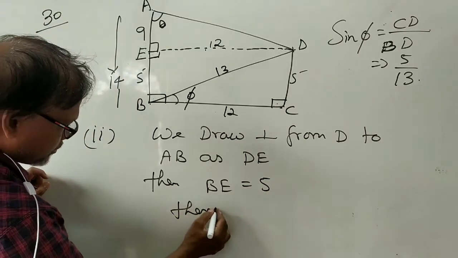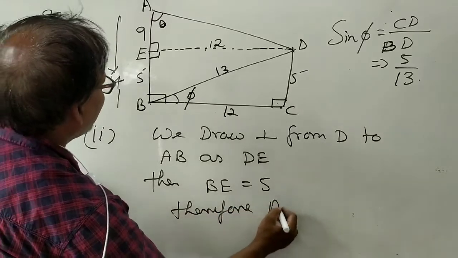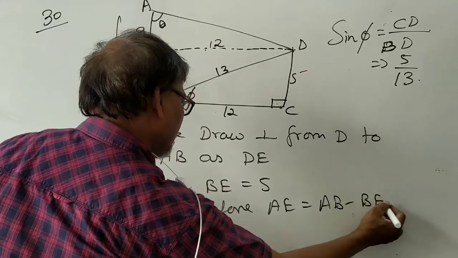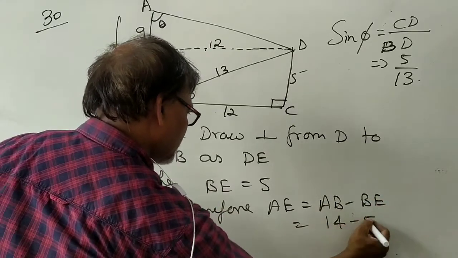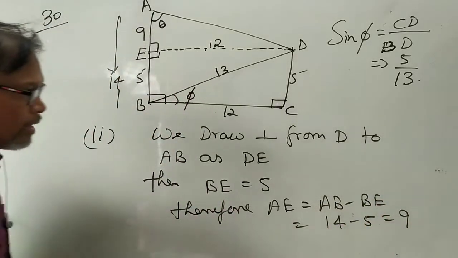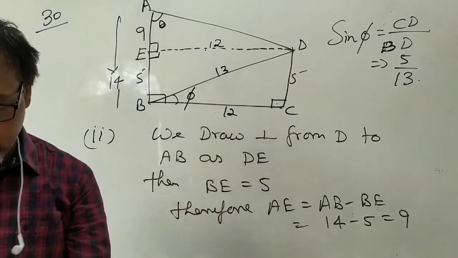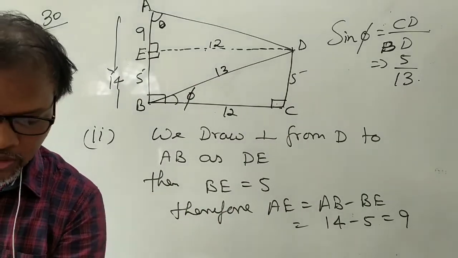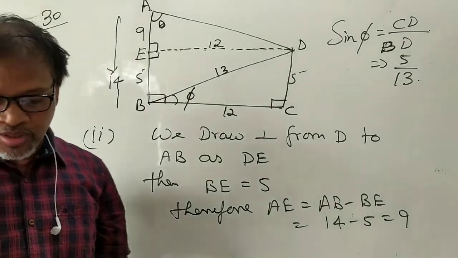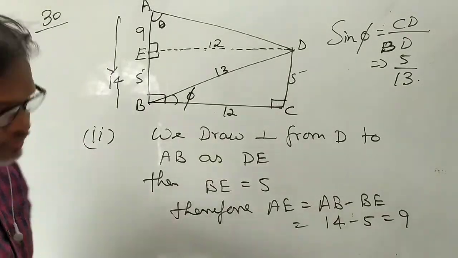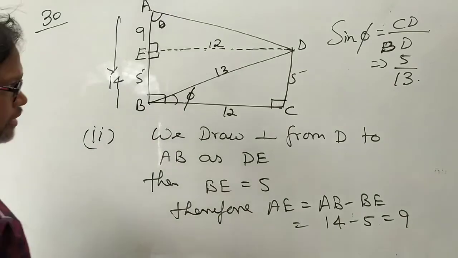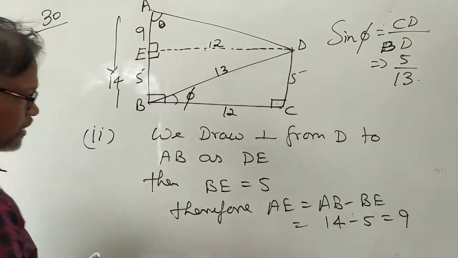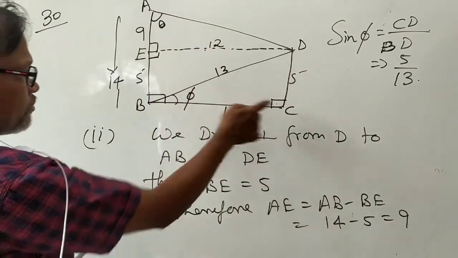Therefore AE is equal to AB minus BE, means 14 minus 5, this is equal to 9. I'm not writing the unit because in the question the unit is not given, तो unit नहीं लिख रहे हैं, but you can write the measurement only. After finding this 9 and 12, अब ये DE also 12 because DE is equal to BC.